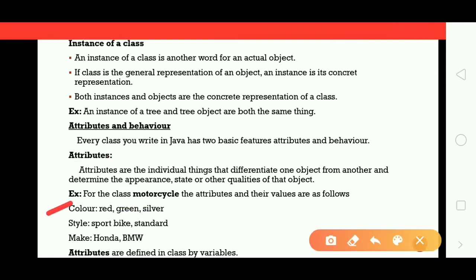For the class motorcycle, we have the color and its values, the style: sport, standard, and the make: Honda, BMW. So guys, here these individual things like color, style, make differentiate one object from another.